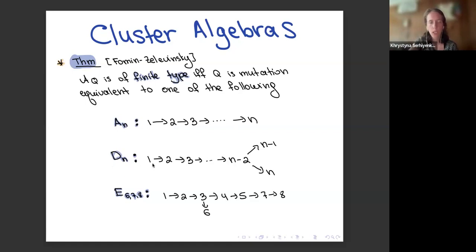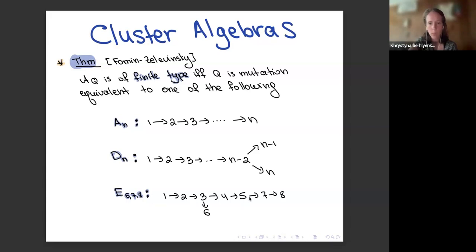You're type D if you have n vertices and this fork at the end, exactly like this. And then you're of type E6, E7, or E8 if you're something like this. The A and D are infinite families that grow as n grows, while the E types only work with 6, 7, or 8 vertices.